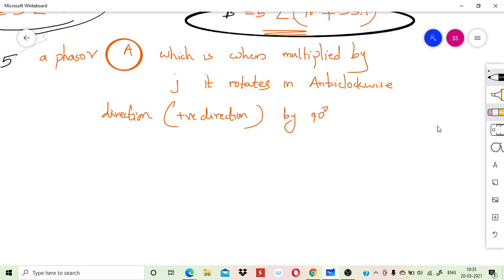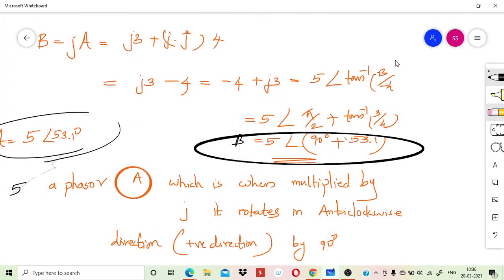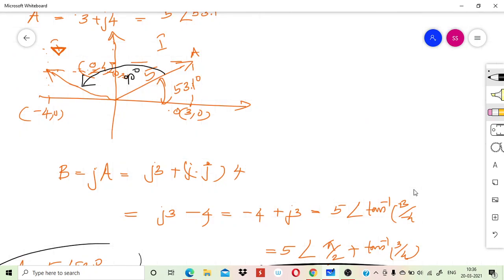Similarly, if you multiply the same phasor A with minus j, then the phasor A is rotated in the clockwise direction by exactly 90 degree.